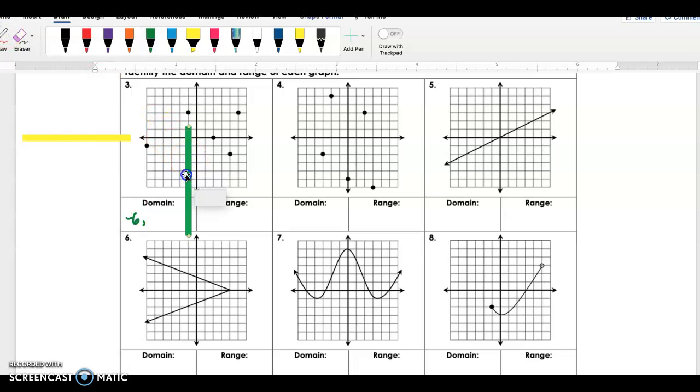Then we go here. Here's another one. That's at -1. I might run out of room in here. Okay, so we keep going to the right. Our next one is at 2. And then if we keep going over, we're at 4. And if we keep going over, we're at 5.